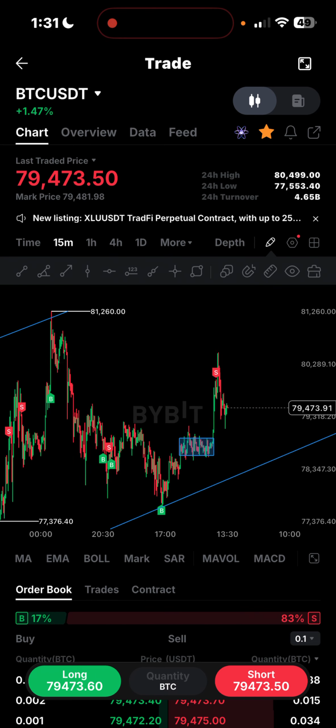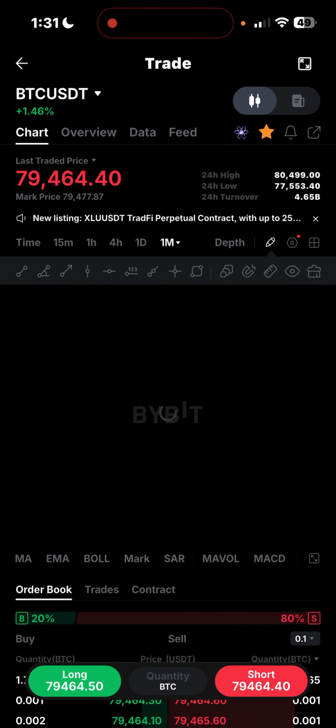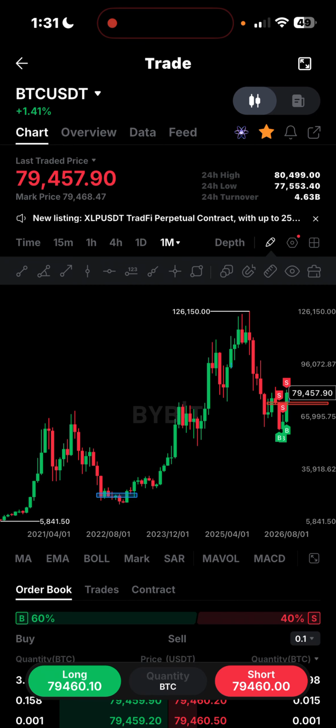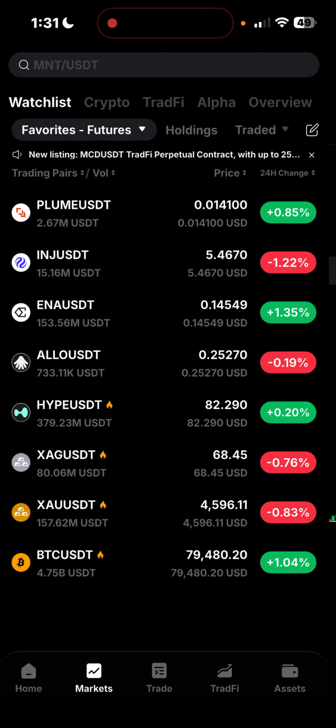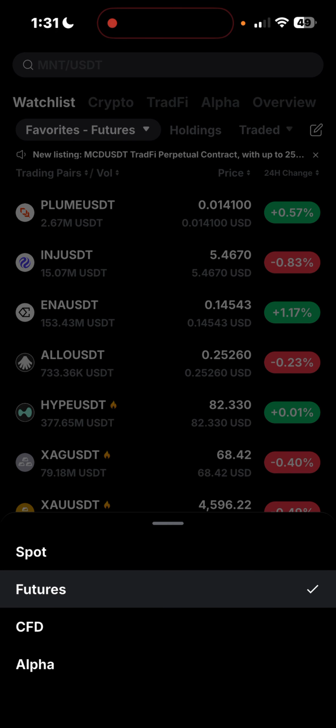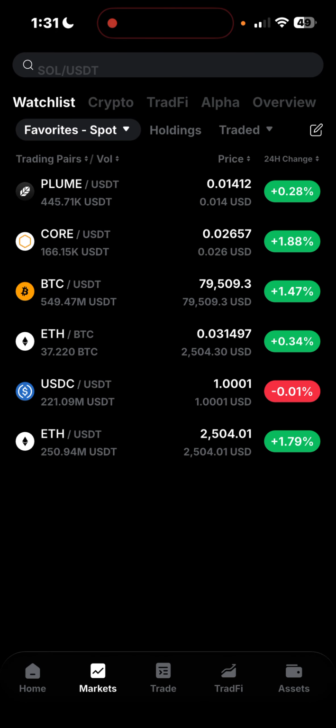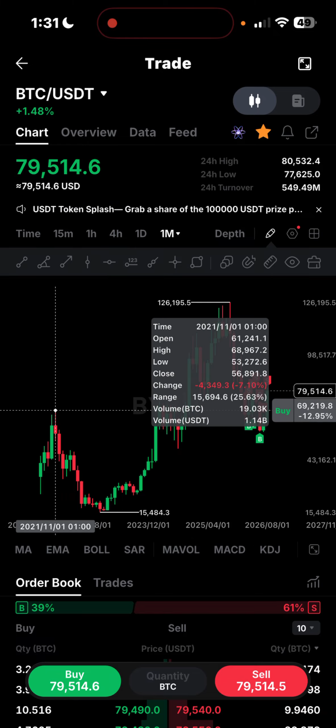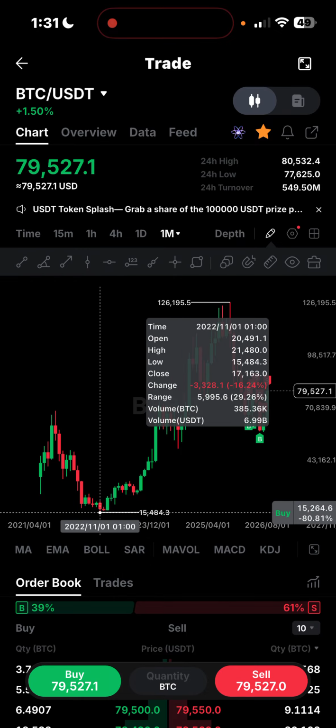So let's check the 1 month candle of BTC. Now you can see BTC formed a downtrend from this point to this point. That is the bear market.